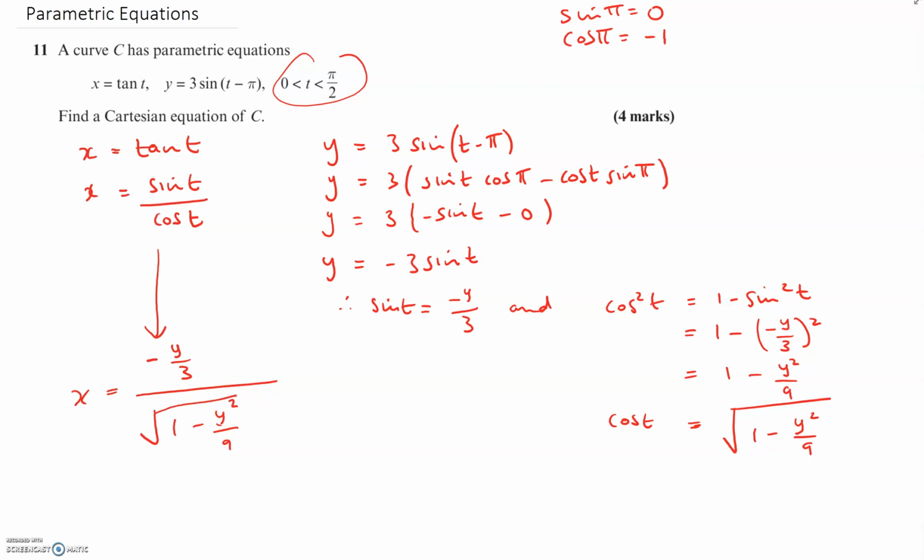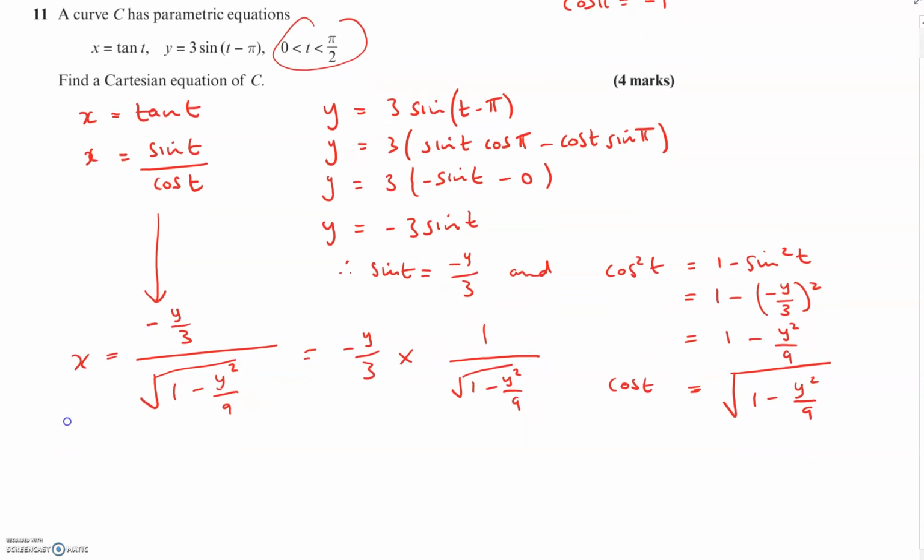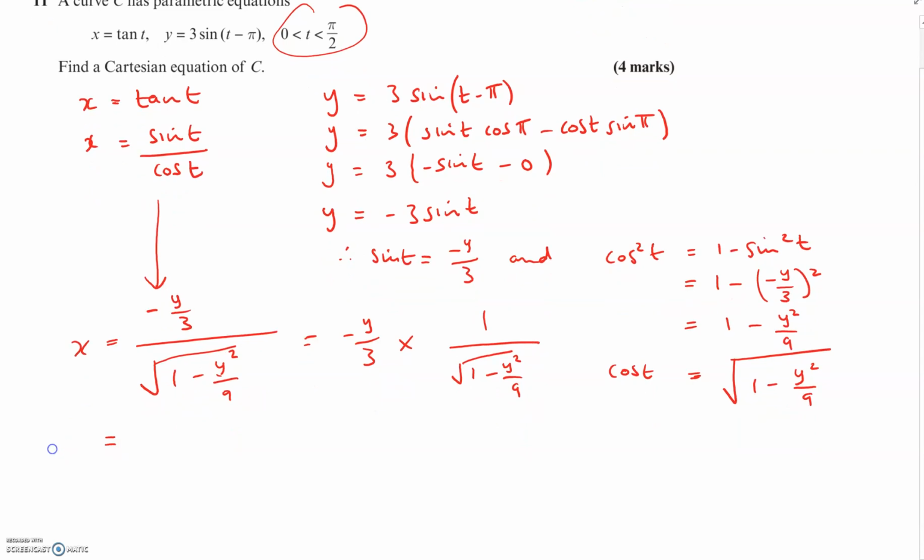So that is pretty much Cartesian, but looks pretty horrendous at the minute. We can tidy it up a little bit and say that, well, this is basically that times that, so it might help to rewrite it like this. And if I rewrite it like that, I've got minus y on top, and then I've got 3 times this root.